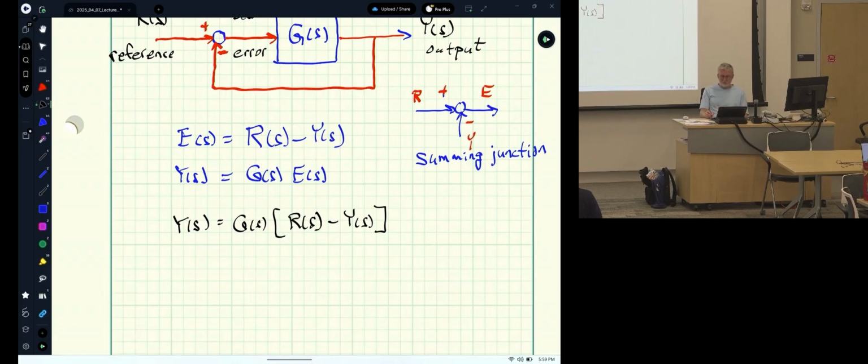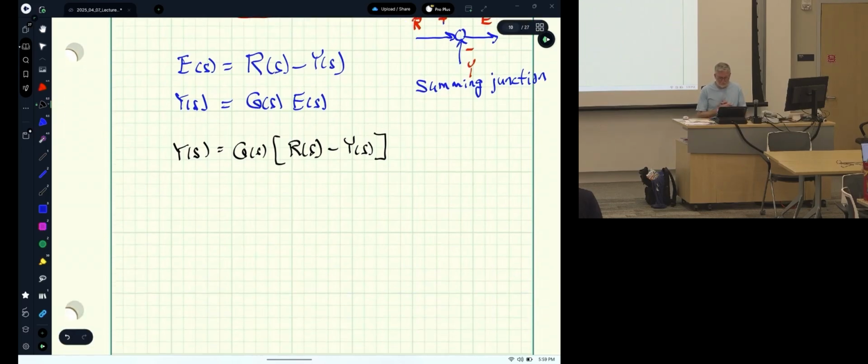That's the error. Okay, this is just a linear equation. So Y of S is G of S, R of S, minus G of S times Y of S.